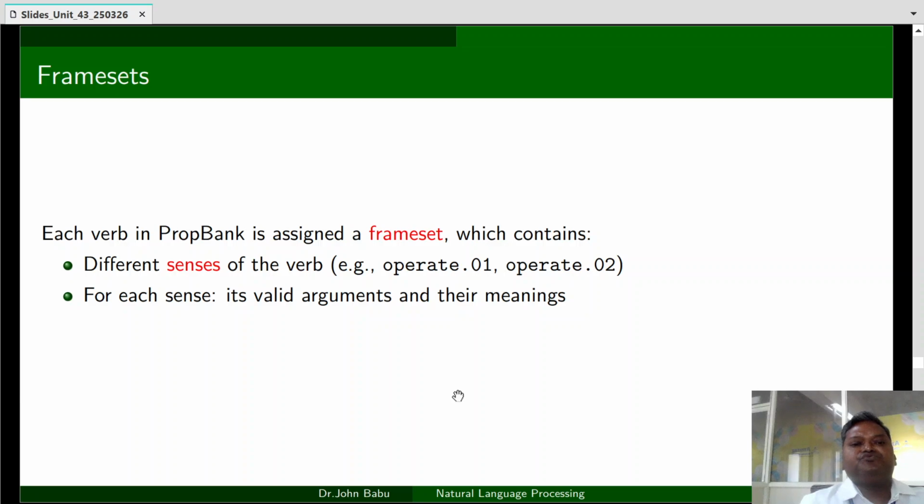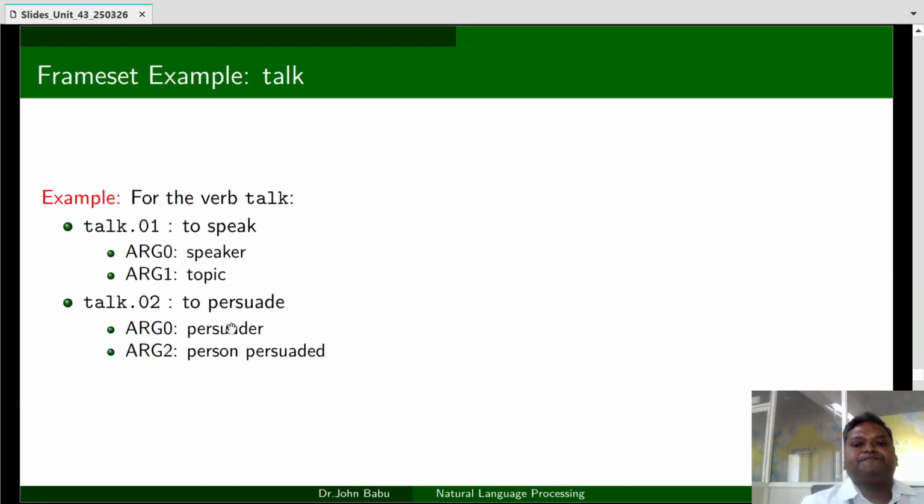So each verb in PropBank is assigned a frame set. The lexical unit here is the frame set. So different senses of the verb, operate one sense, operate two sense, this will be the frame set. For example, for the verb talk, the first sense of talk means speaker, topic.